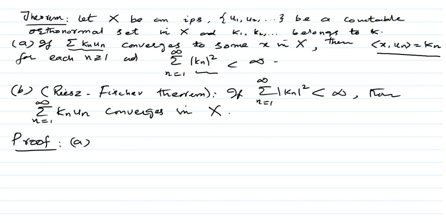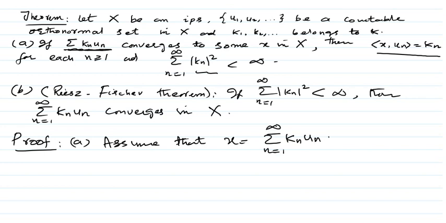So assume that this series Kn Un converges to X in X. Assume that X is equal to the sum of Kn Un, n from 1 to infinity. Okay, so we calculate the inner product X Un.